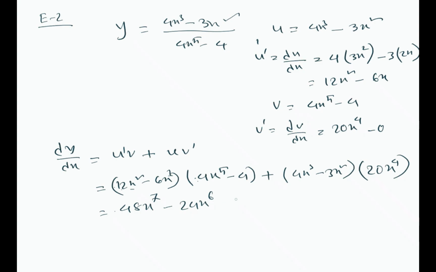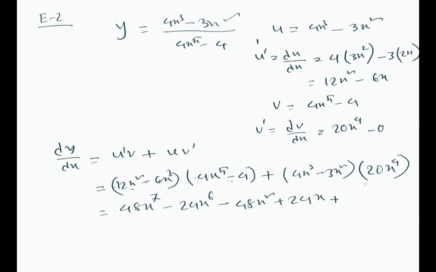Okay, then next part. This is plus, this is minus. So minus 4 times 12, 48x squared. And then minus times minus is plus, 6 into 4, 24. So 24x to the power 1; I didn't write the 1.